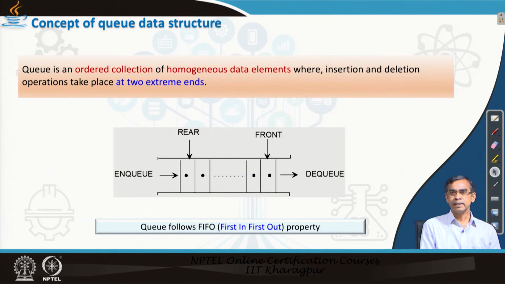So, insertion and deletion, namely enqueue and dequeue, can be done at the two ends, rear and front, and as it removes an item based on the policy called first in first out, this structure is also called the FIFO structure, just like stack is called the LIFO structure.